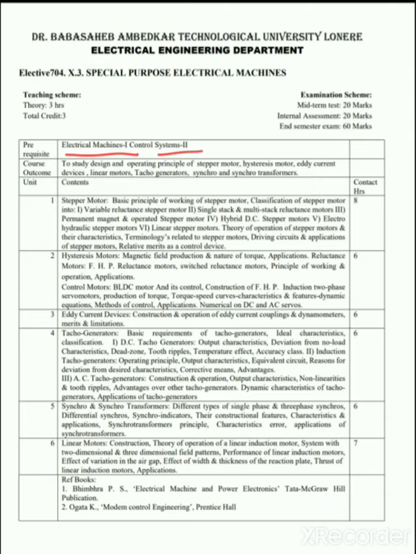So in this subject, you are going to study the design and operating principle of stepper motor, hysteresis motor, eddy current devices, linear motor, tacho generators, synchro and synchro transformers. There are a total of 6 units.